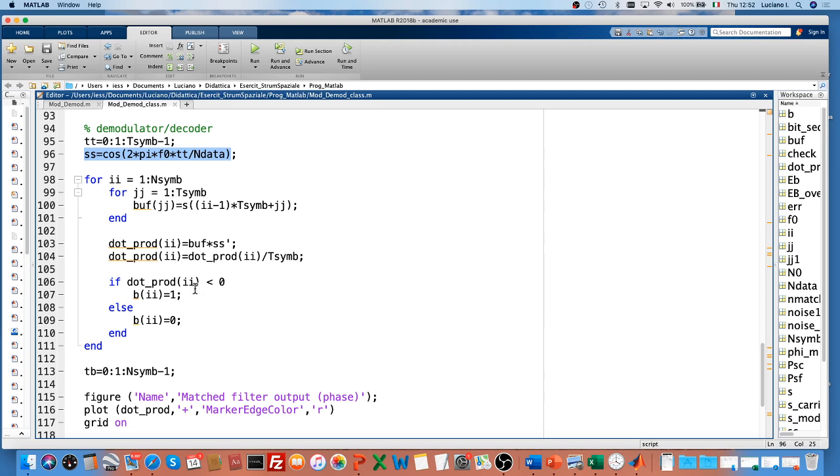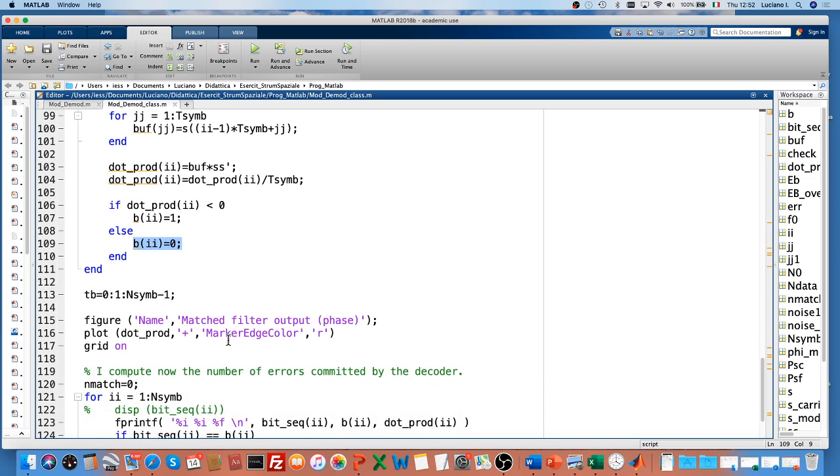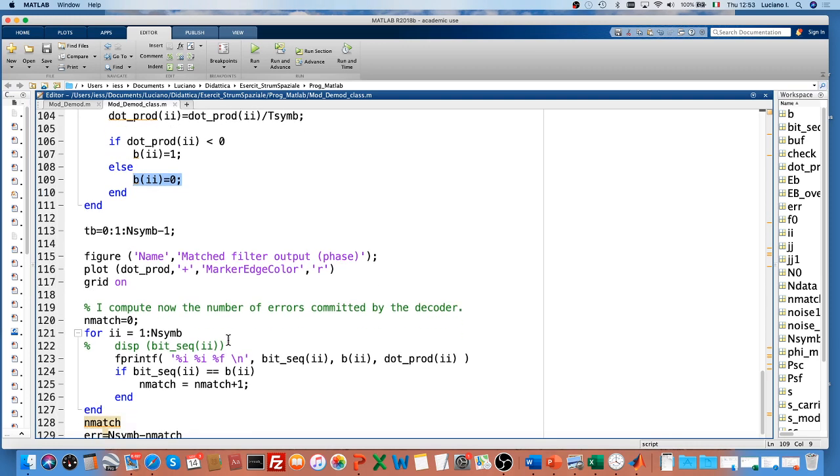And if the scalar product is smaller than 0, then this means that the waveform contained bit 1. If it is larger than 0, the waveform contained bit 0. Then I do a number of plots. I compute the number of errors.